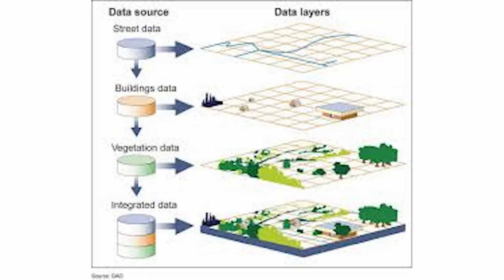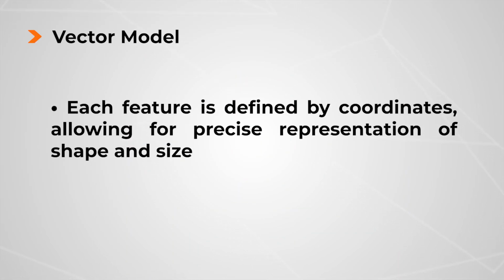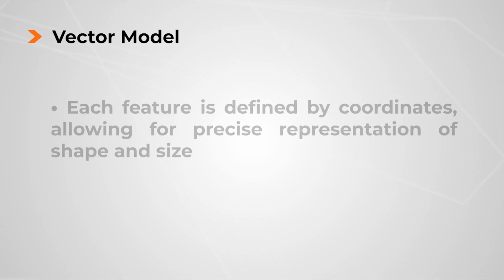A vector data model represents geographic features using points, lines and polygons. Points denote specific location. Lines represent linear features, for example roads or rivers, and polygons represent areas which are enclosed like lakes or different land uses. Each feature is defined by coordinates, allowing for precise representation of shape and size.